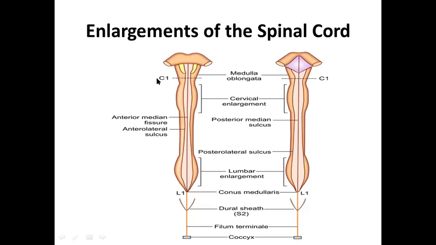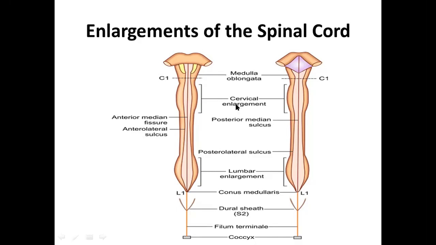So we have two enlargements of the spinal cord. The first site of enlargement corresponds to the spinal cord segments that supply the upper limb, forming the cervical plexus. And this enlargement is called the cervical enlargement.